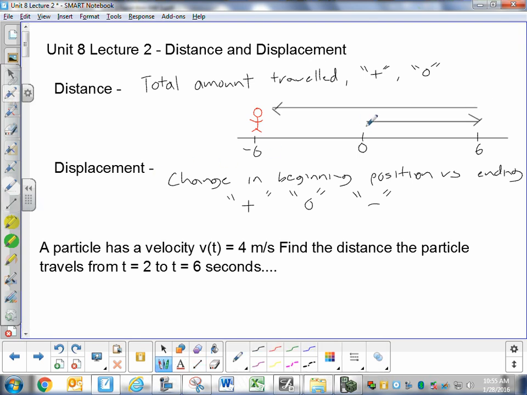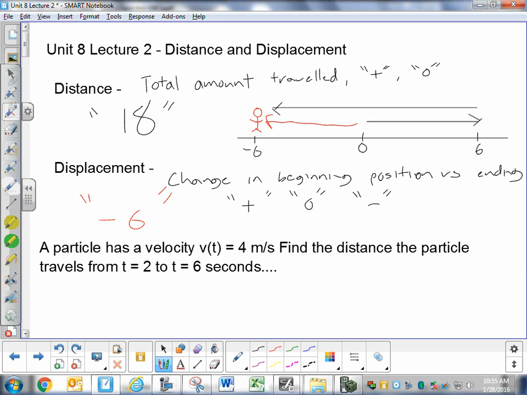The distance would be the +6 plus the +12 length that he traveled to the right, and then plus the 12 to the left, or 18. However, the displacement would just be the change from his ending, which is at -6, compared to where he started at, which is at 0, and the displacement would be -6.